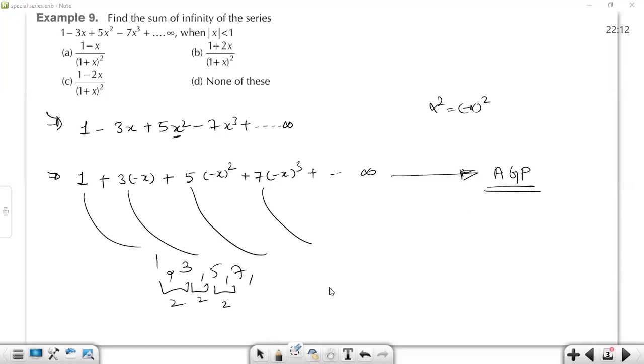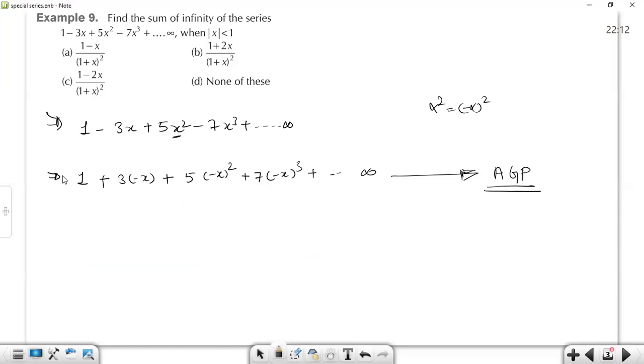Let's do it. So this sequence is AGP. There are infinite terms. The common ratio is minus of x here. For the AP, the first term is 1, the number of terms is infinite, and the difference is plus 2, and the common ratio is minus of x.